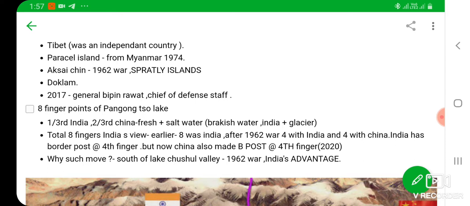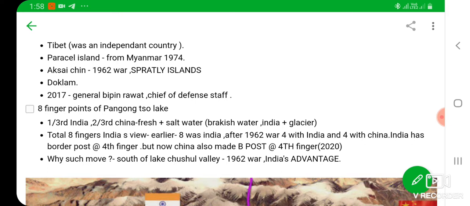That water is a bit of salt water, and the fresh water is coming from the Chinese side. There are so many glaciers there, and the melting of these glaciers gives a lot of water to this lake.